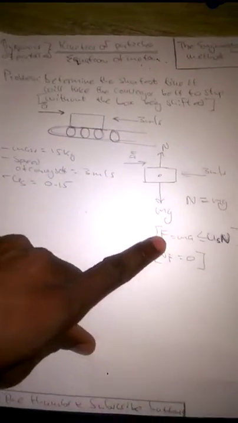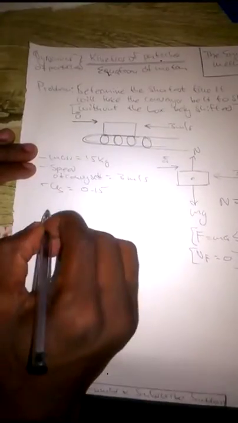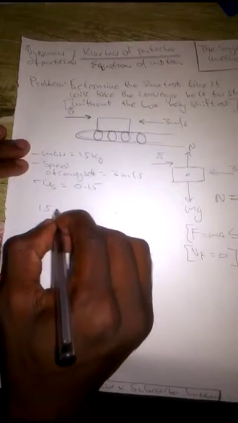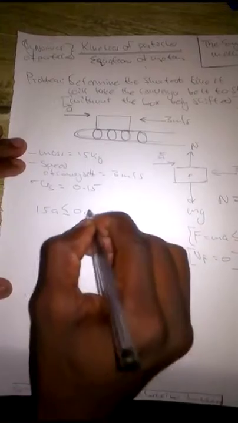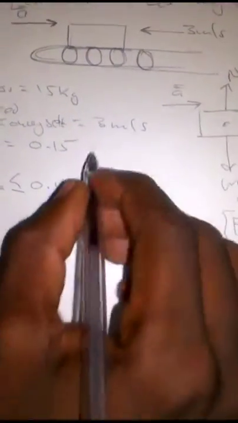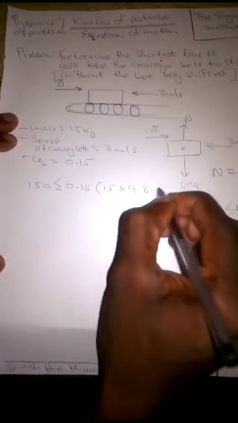Given this condition, we will say our ma, which is 15 kilograms times a, should be less than 0.5 multiplied by mg, which is 15 multiplied by the acceleration due to gravity, 9.81.